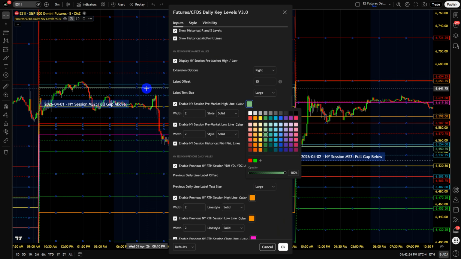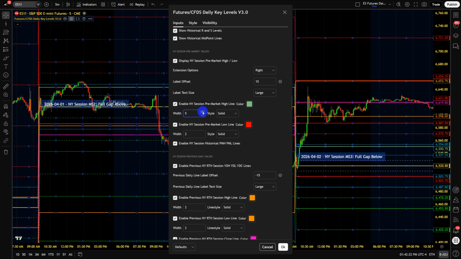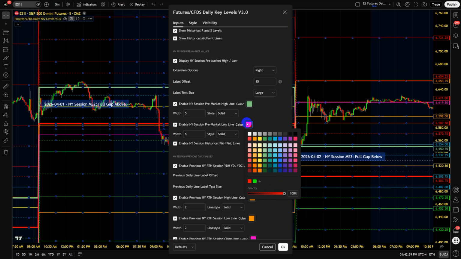Now it's a light green. We could also change the width. Let's say we wanted to make it 5. Well, now it's 5. Same thing with the PML. Let's say we wanted to make it 5, and we wanted to make it more of a lighter pinkish color.